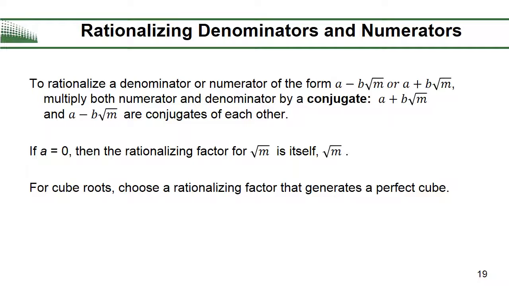So if you have the cube root of 2 in the denominator, you will need to multiply by the cube root of 2 times 2, or 4, because 2 times 4 is 8, and the cube root of 8 is 2. You need the 3 2's, the 2 that you started with, and the 2 times 2, which made 4. You need all 3 of those together in order to make the cube root go away.